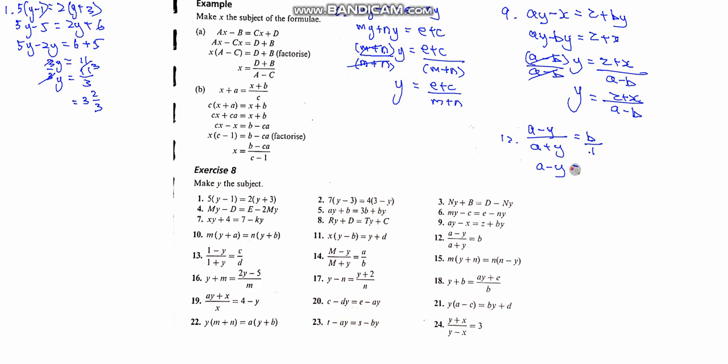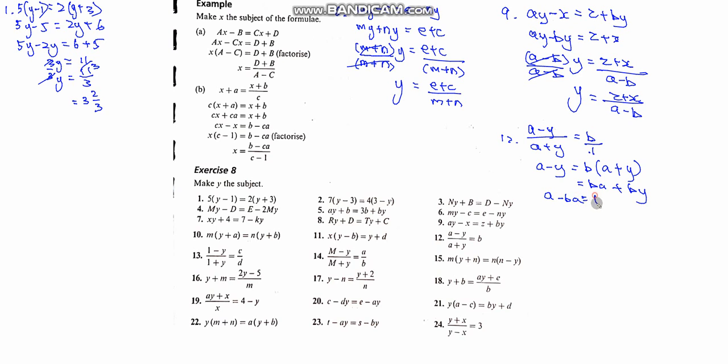Times 1, don't need to show times 1, just write this remain. So it's b times (a plus y). Now you've got b times a, and then by. Now you've got minus y, you've got plus by. So it's better to bring this over here to get a positive y. So whatever term doesn't have y, like ba, move it to the left hand side.